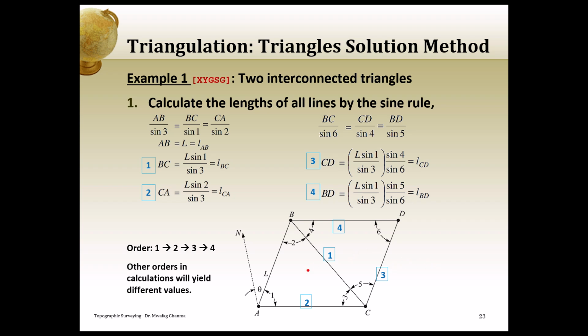Here, when we want to calculate the lengths, after we finish the angle adjustment, the order is very important. So here we are adopting that we go for this line first, then the second line, 1, 2, 3, and 4. And how do we do that? It is through the law of sines, or the sine rule.